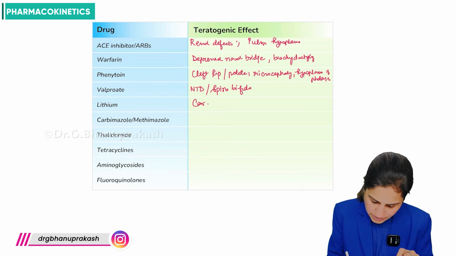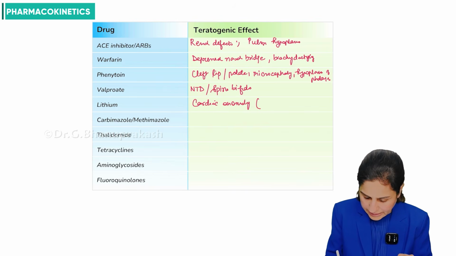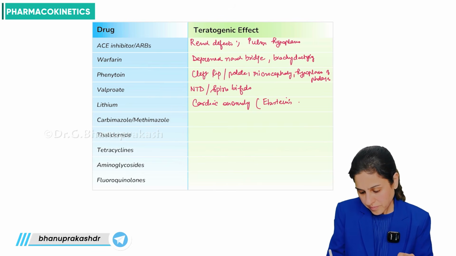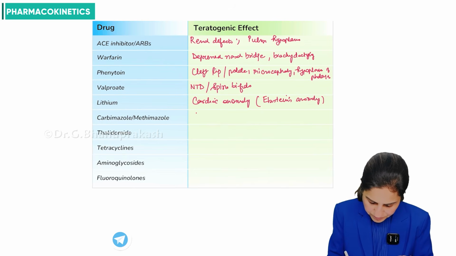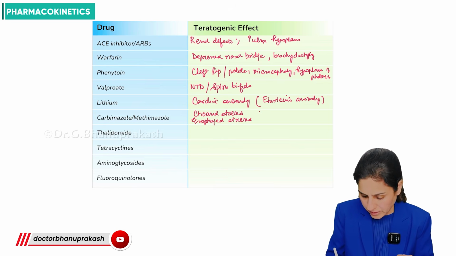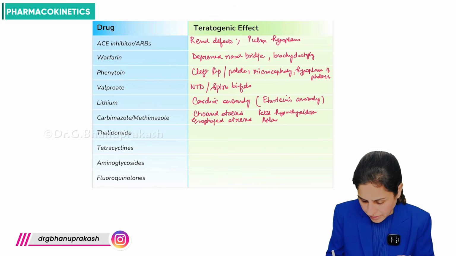Lithium can cause, it is rare, but it can cause cardiac anomaly, like Ebstein's anomaly. Carbimazole, methimazole, this can cause choanal atresia, can cause esophageal atresia, it can cause fetal hypothyroidism or goiter, and it can cause aplasia cutis.